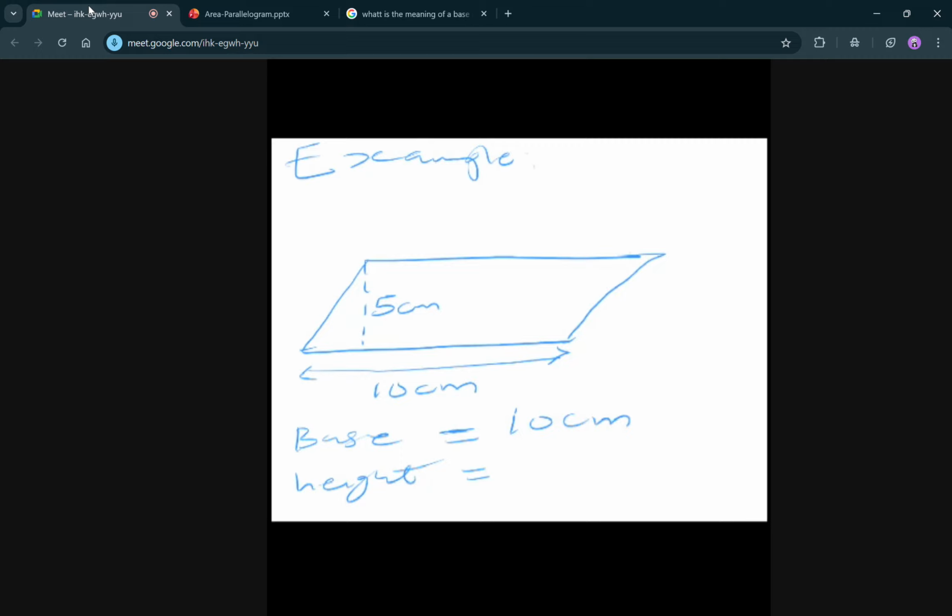What's the height? The height is 5 centimeters. So calculate the area. What would the area be?